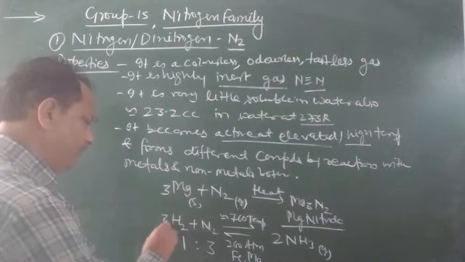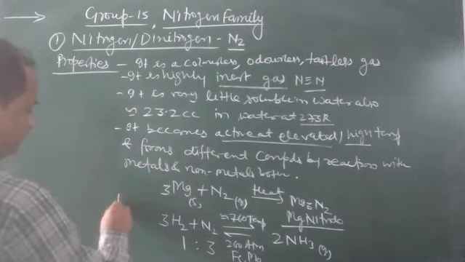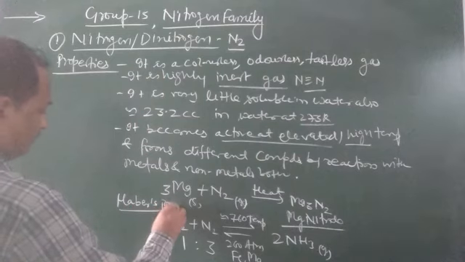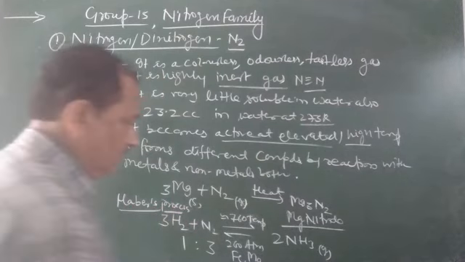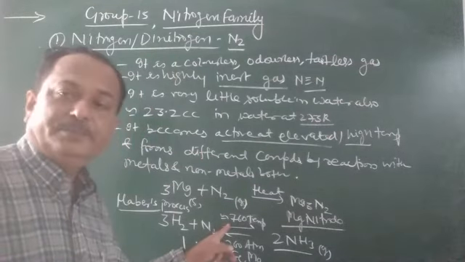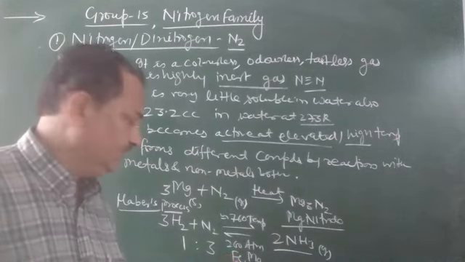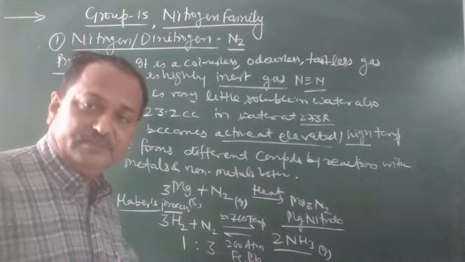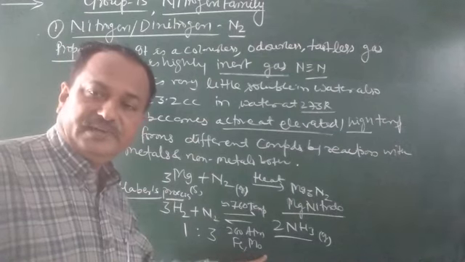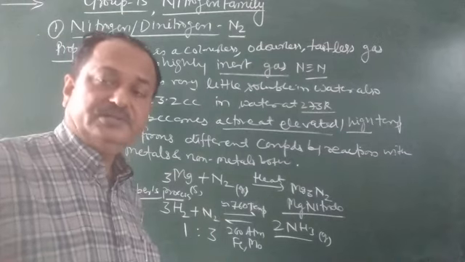This is Haber's process to prepare ammonia by taking nitrogen and hydrogen in the ratio of 1:3, with iron as catalyst and molybdenum as promoter. So this is about some of the important properties.